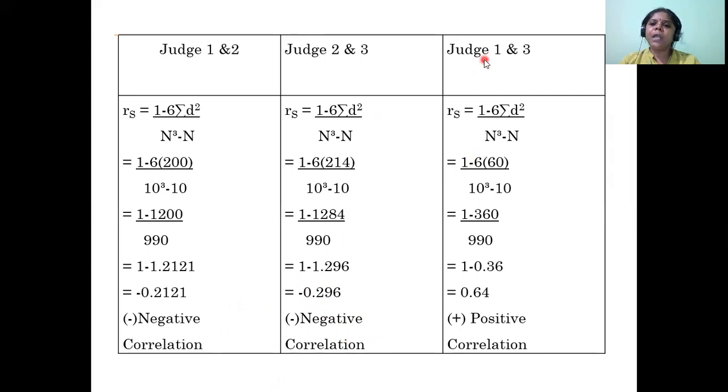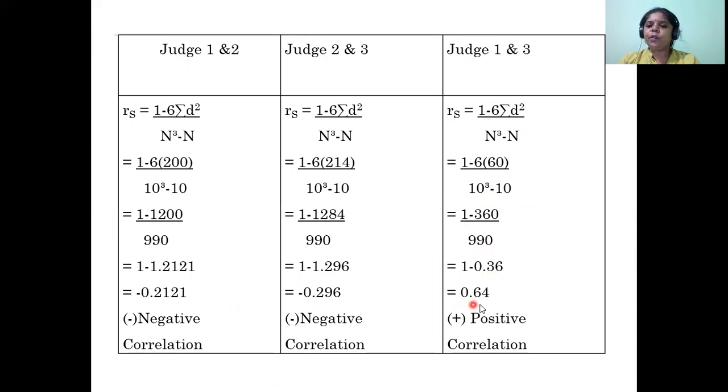Okay. Next is judge 1 and 3. Judge 1 and 3. Again you have to write the formula. 1 minus 6 into sigma d square, 60 for judge 1 and 3. So 10 cube minus 10, 1 minus 6 into 60, 360 divided by 990, 1 minus 0.36.